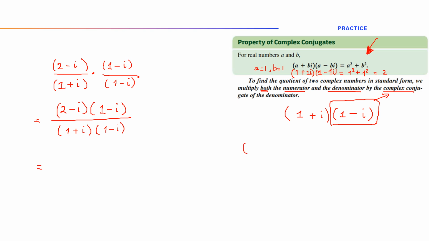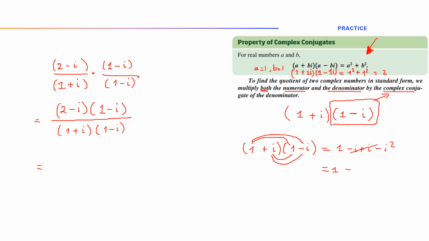And also, if you don't remember the formula, you can always use the multiplication of complex numbers to solve for it. So 1 times 1 is 1. 1 times minus i is minus i. i times 1 is plus i. i times negative i is negative i squared. Now 1 minus i plus i is gone.